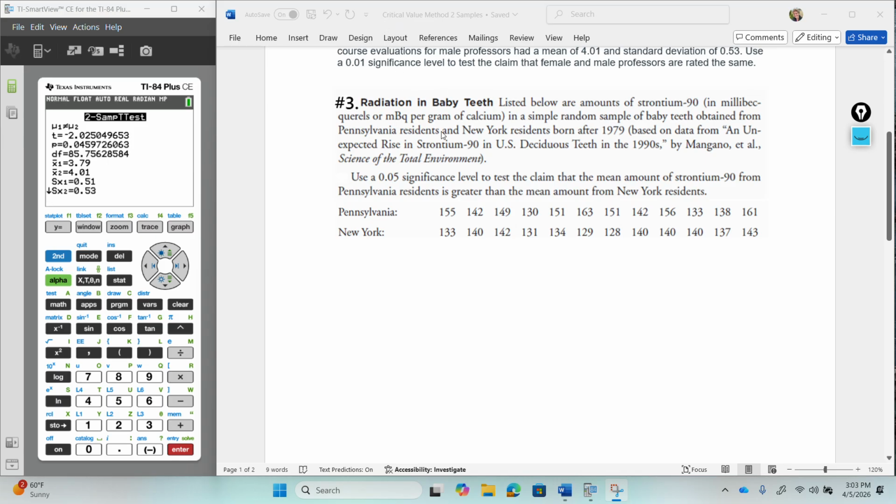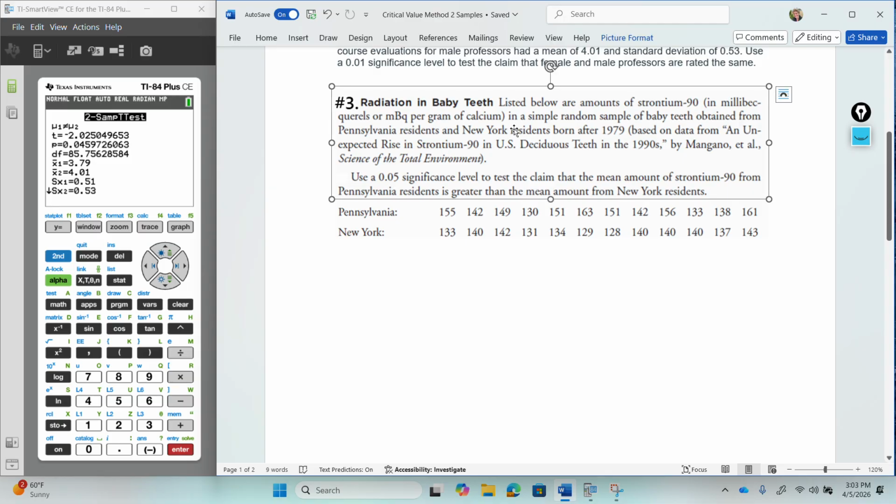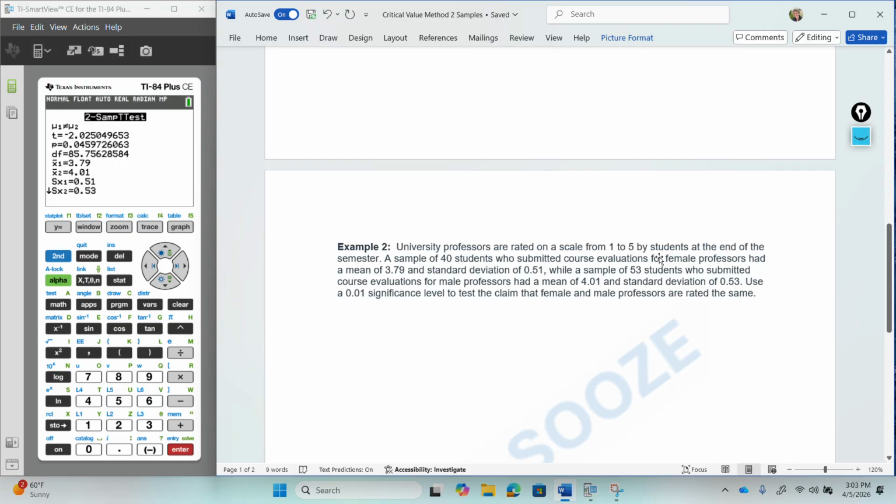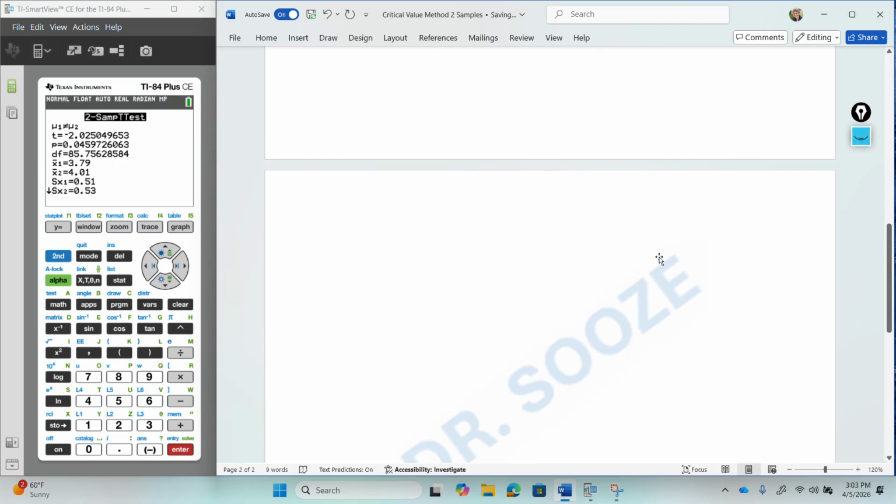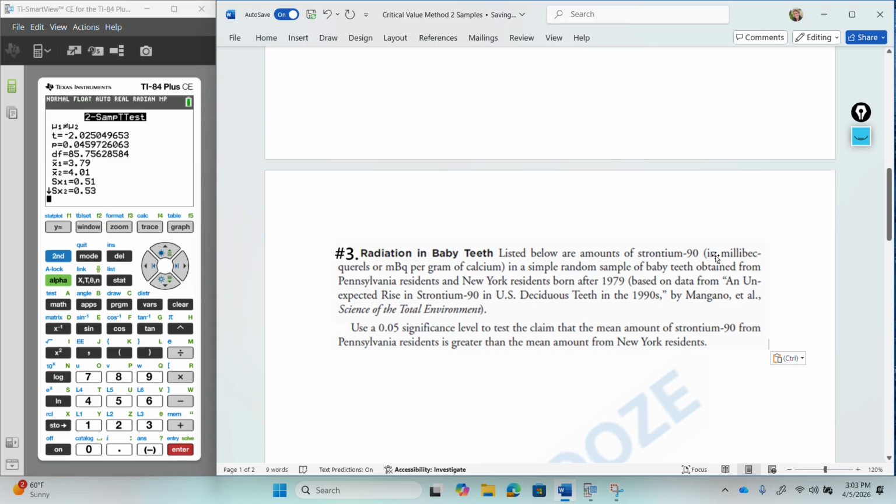Okay. So let's look at the third one. Radiation in baby teeth. Let me copy this one down here. And let's get the list.